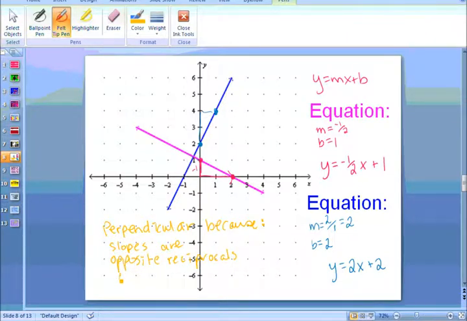Opposite means opposite sign, and reciprocal means flipped fraction.